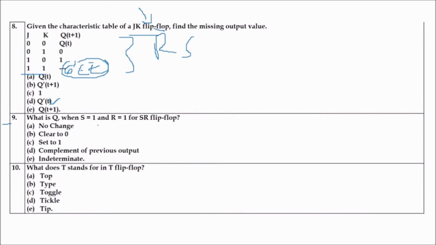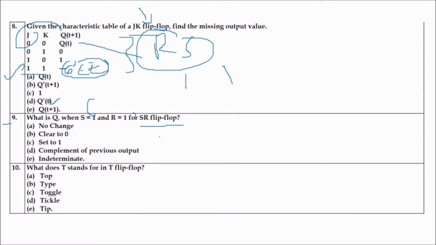Next is, what is Q when S equal to 1 and R equal to 1 in an SR flip-flop? I just answered this in the earlier one. JK removes the race condition of R and S when they are 1 and 1 in the RS flip-flop. So what is Q when S equal to 1 and R equal to 1 for SR flip-flop?